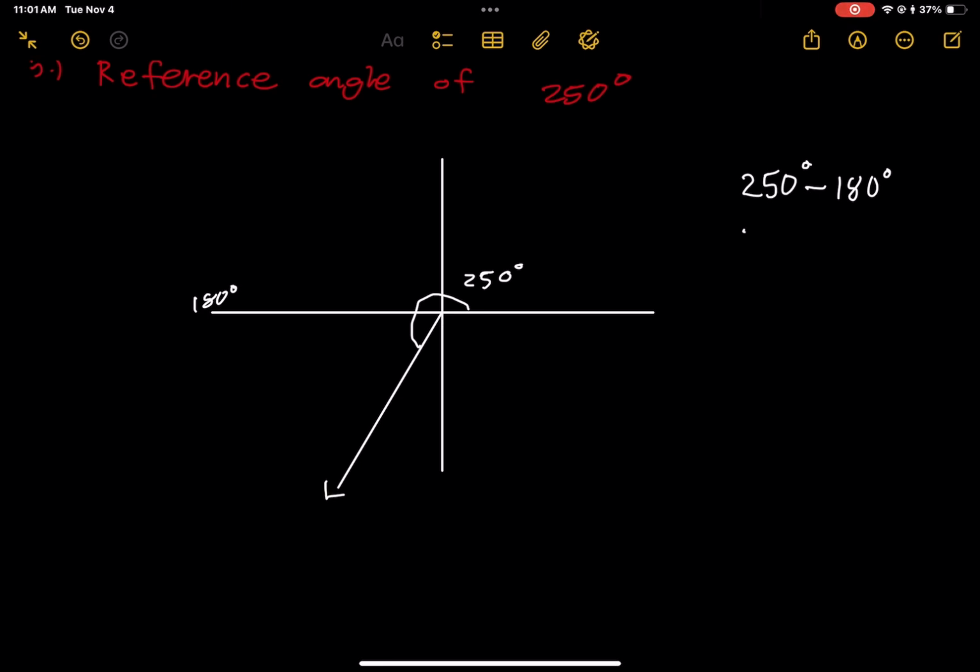Sorry for the mistake. So we have to subtract 180 degrees to find its reference angle that falls on the x-axis. So 250 minus 180 degrees is 70 degrees. So the reference angle of 250 degrees is 70 degrees.